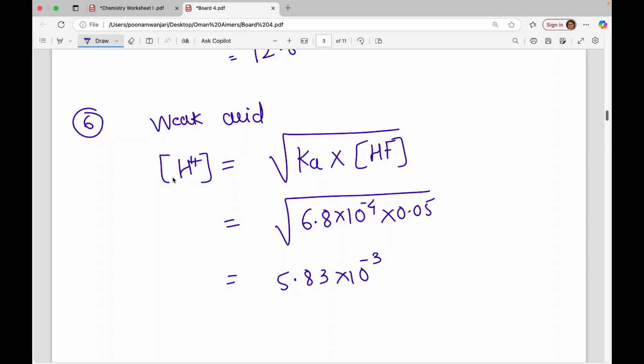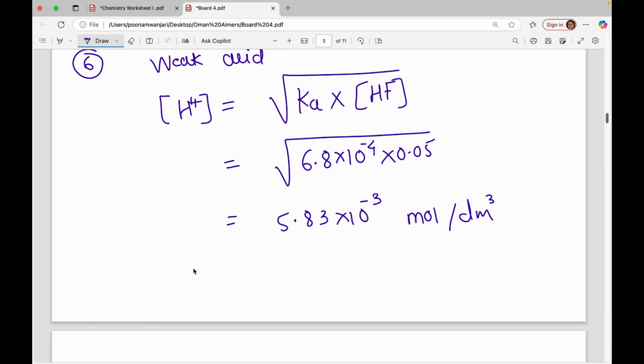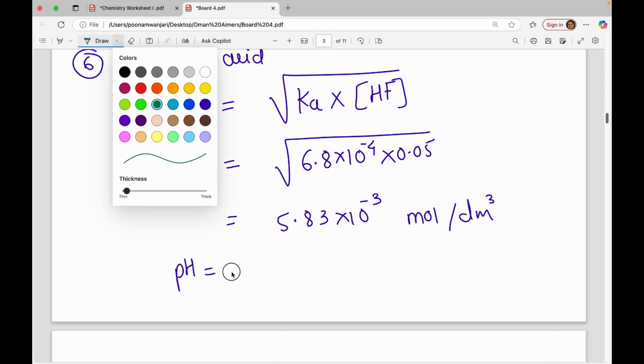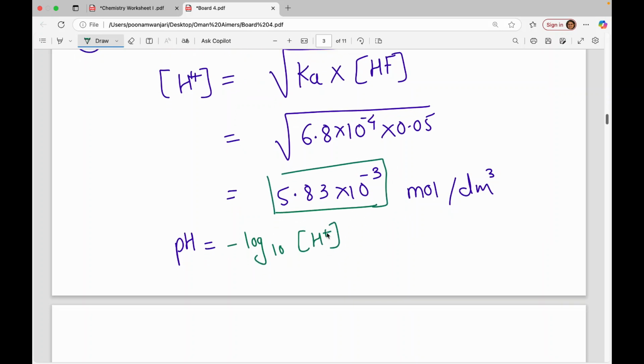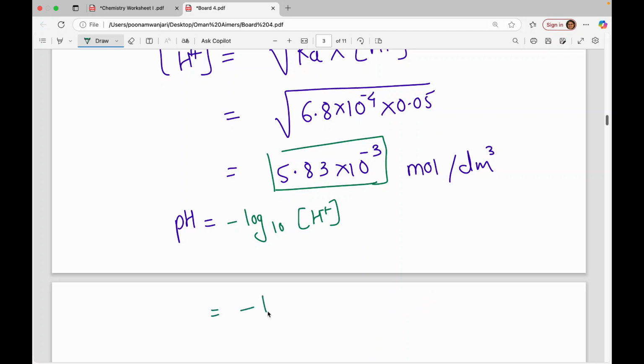This is again the concentration, so mole per cubic decimeter. Now it is very easy. After getting H plus, you can calculate pH is equal to negative log to the base 10 of the H plus concentration. Put this H plus concentration value in this formula: negative log 10 of 5.83 into 10 to the power minus 3.